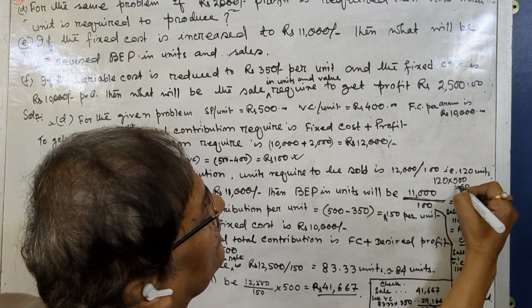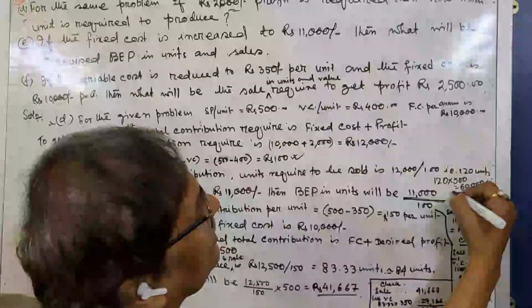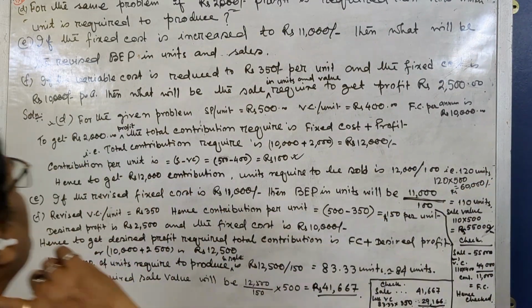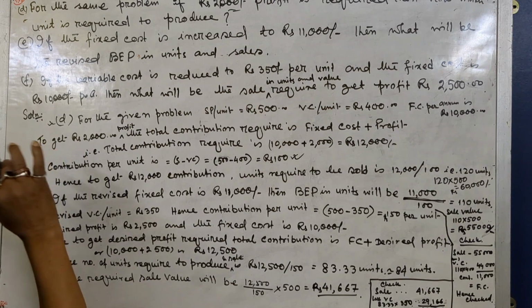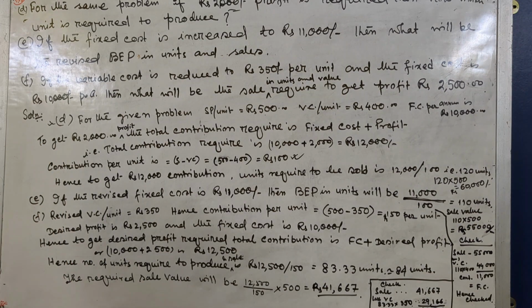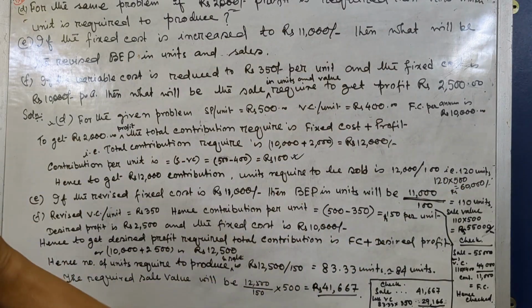That is 120 units into 500, that is 60,000 rupees. This sale is required to get 2,000 rupees of profit. This is the answer for D. That you can also check by calculating separately.